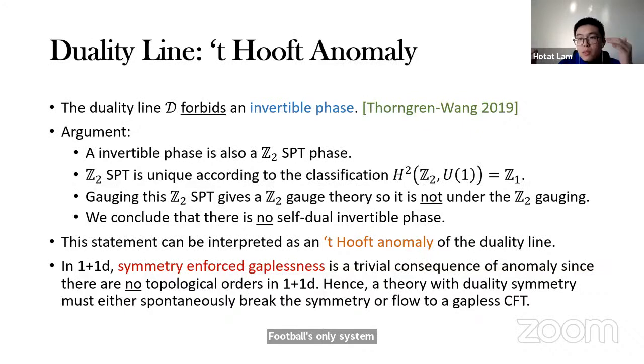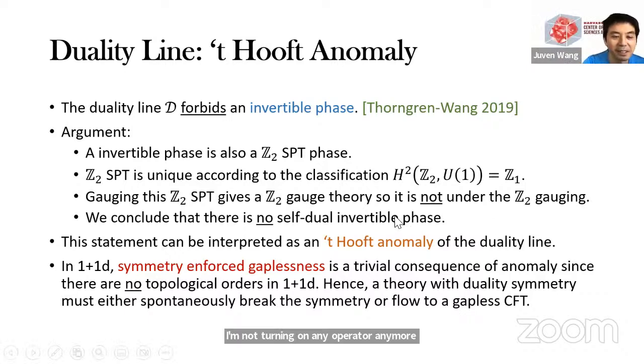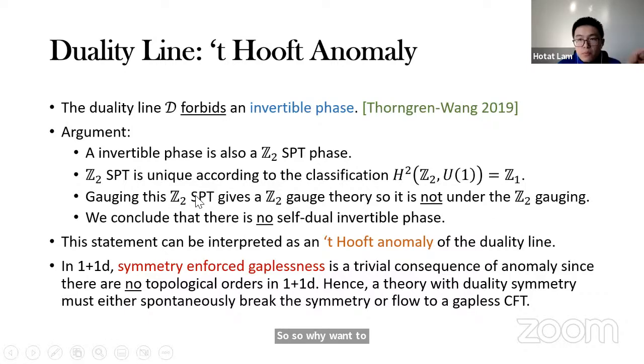Now I'm already in the deep IR. I'm not turning on any operator anymore. Okay. So one way to think about it is that you start with one vacuum. If you gauge it, you get two vacua, right? So then there's no way that the theory before and after are the same. So that's why the theory is not invariant under gauging.